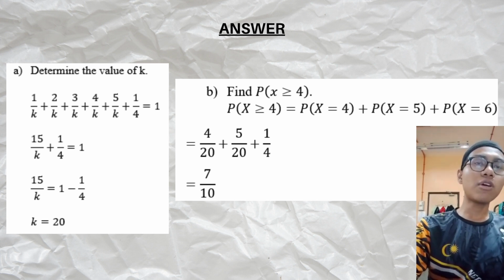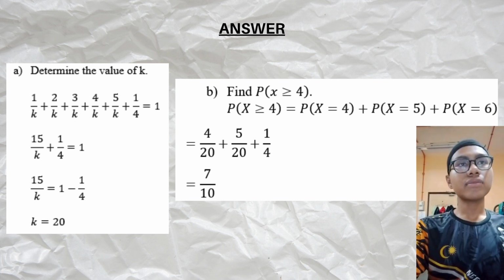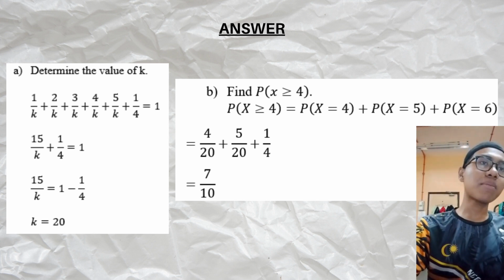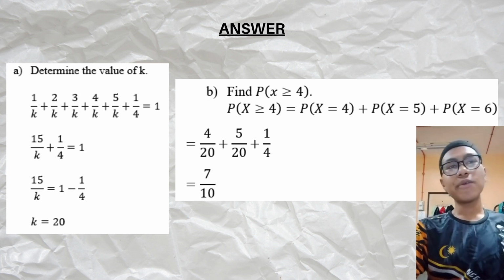And then we also need to add 1 over 4, because 1 over 4 can be defined. And then after some calculation, we get k is 20.